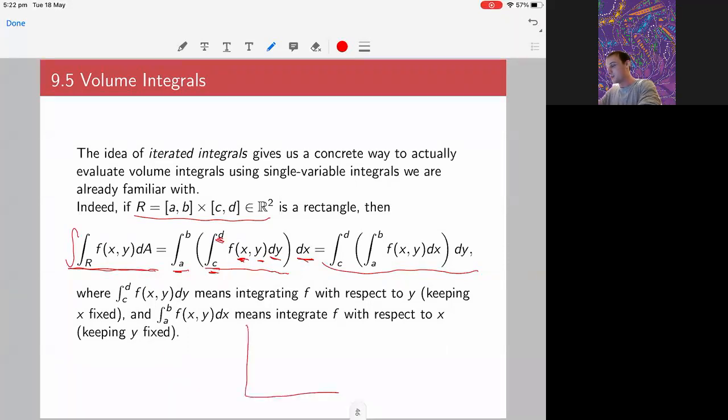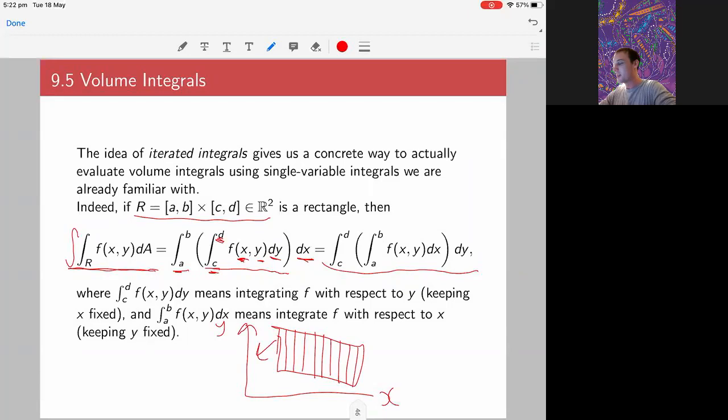So in terms of pictures, what's going on here is that if you've got this rectangle here, and you're integrating with respect to y first, then what you're doing is finding the area underneath all of these different curves. You're going to have to think multidimensionally for this, because there is actually an extra dimension popping out of the page here.